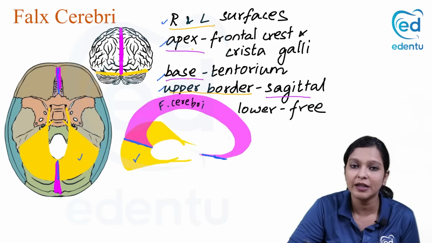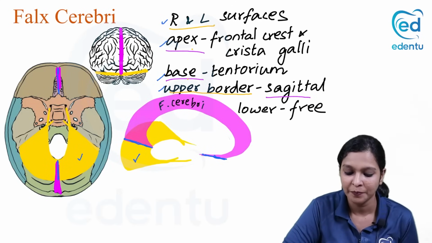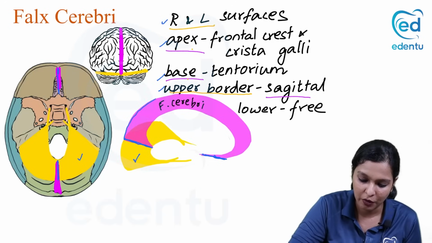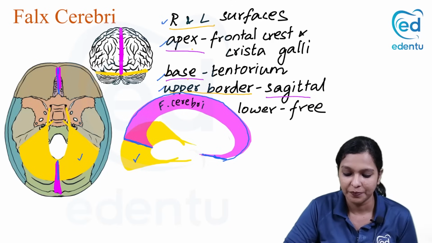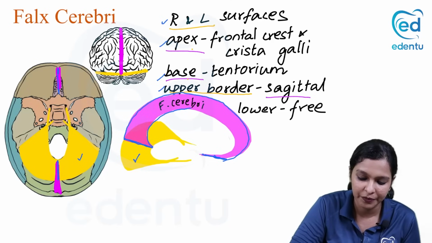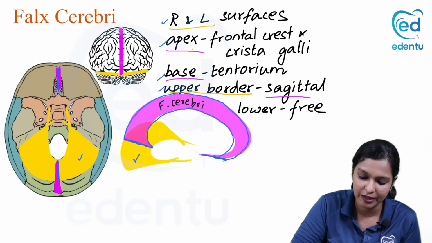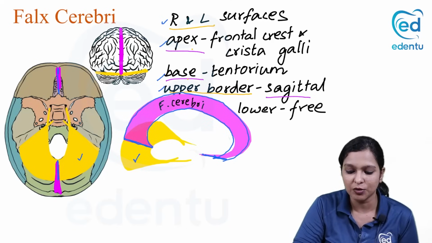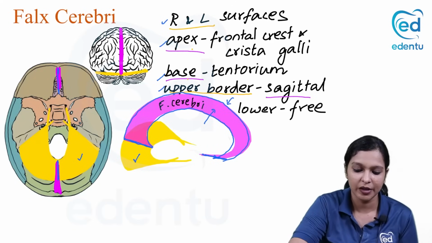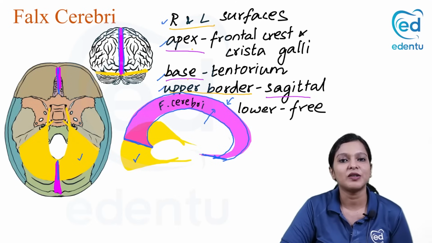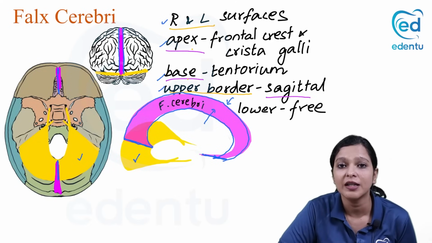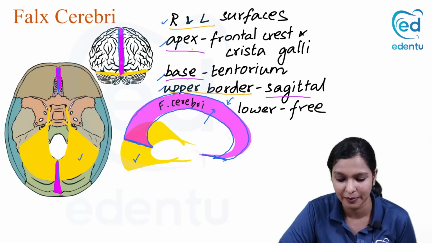This yellow is the tentorium cerebelli, and it has an upper border, related to the sagittal suture, and the lower border is free. It has two surfaces, the right and the left surface. So that's about the first dural fold that is called falx cerebri.